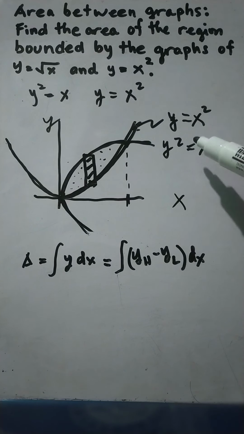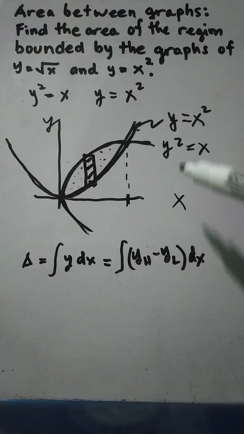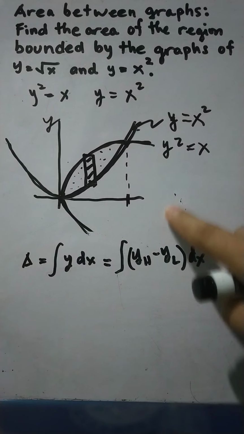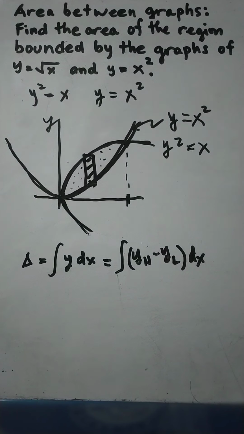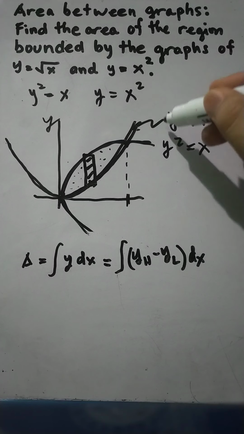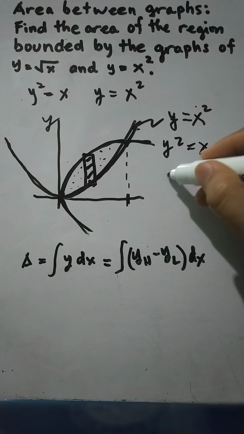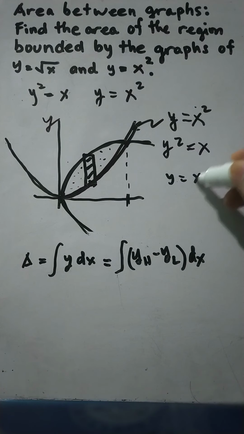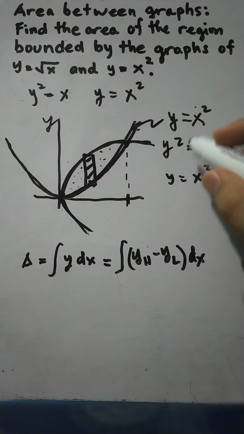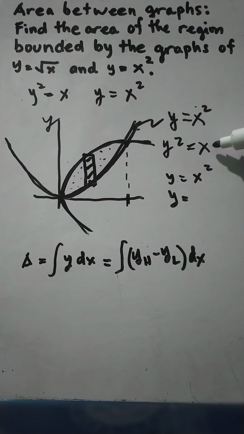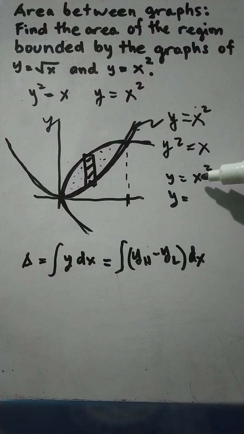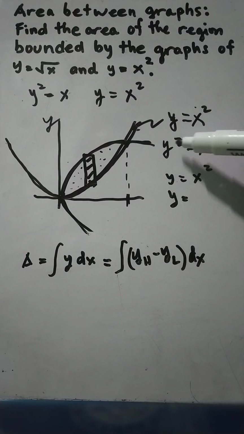Of course, we will combine the two equations. We have y equals x squared, and x equals y squared. So instead of writing x, I will substitute the value of x from the second graph, which is y squared.